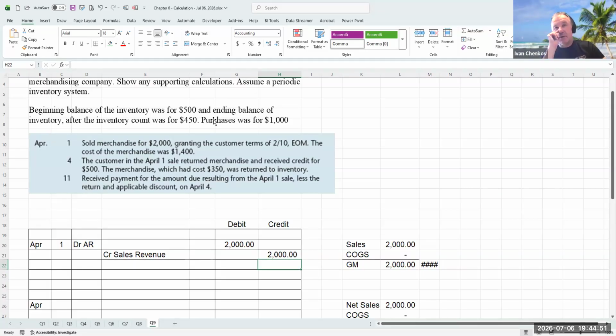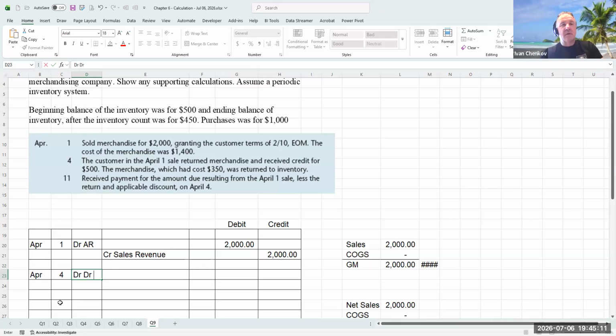Next, we're going to get the return. On April 4th, we're going to give the client a return and allowance for $500.